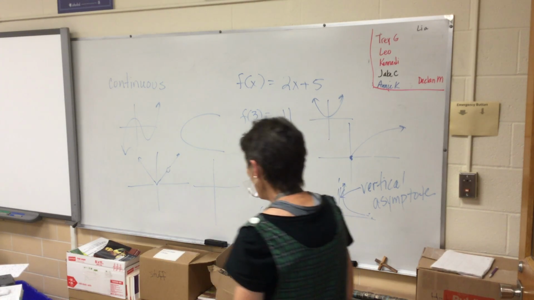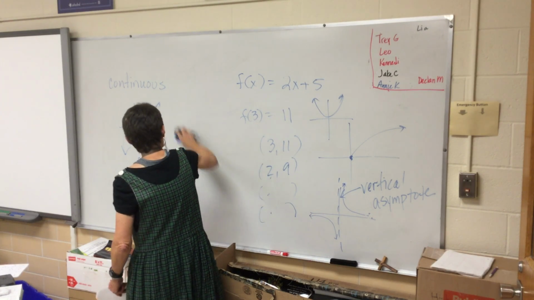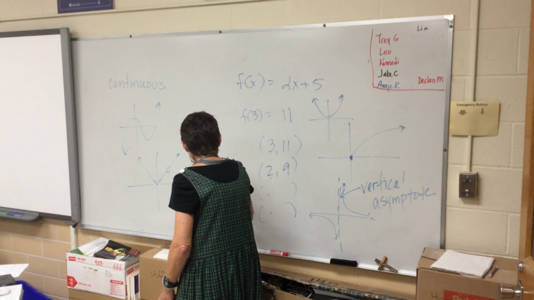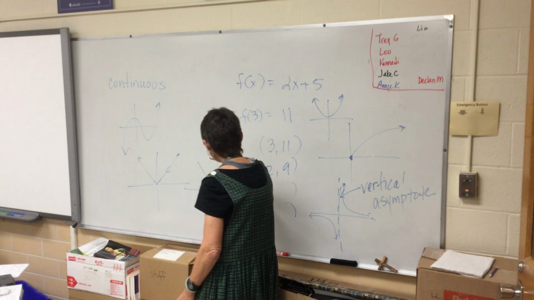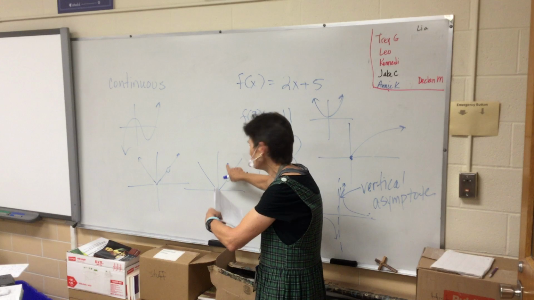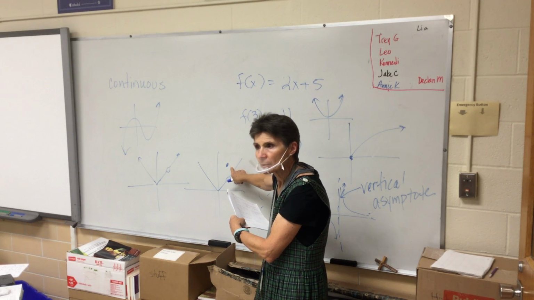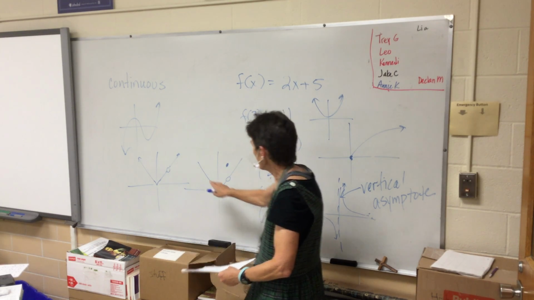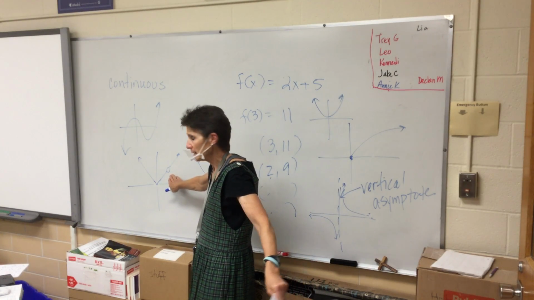Now the other situation you can have is kind of the same picture. You can actually have the dot that was there get moved somewhere else. So this is also considered a removable discontinuity. So here, that dot is just totally missing.